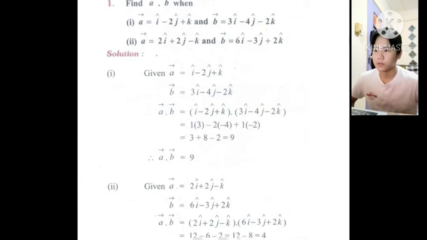Then for question 2, with the same step, just put the values for a and b into the formula, and we get the final answer for question 2, which is 4.